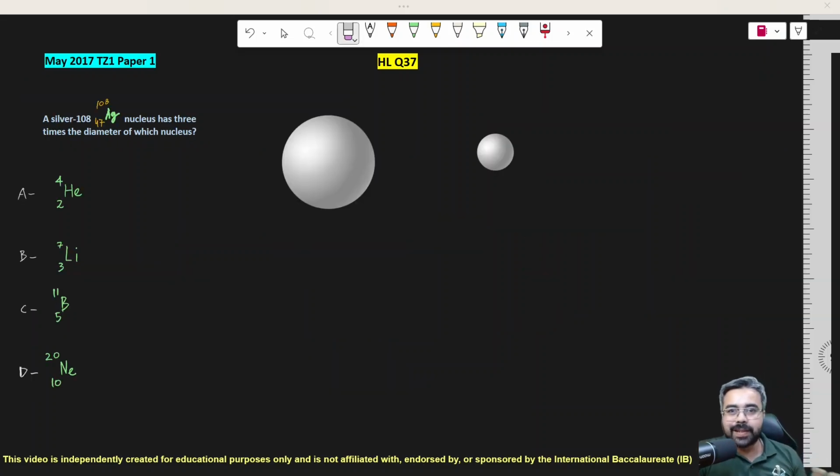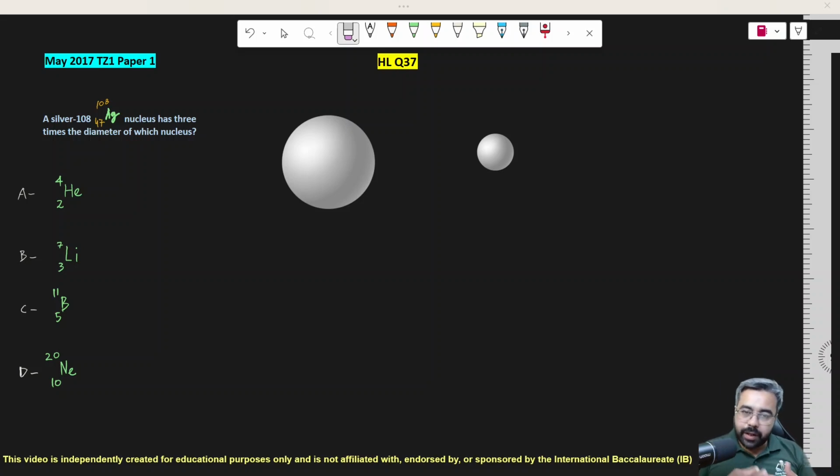Most of the students, when they see these atomic sizing, nuclear sizing questions, just use the basic multiplication methods, but they forget that the universe does not scale linearly, and neither do the atomic nuclei.